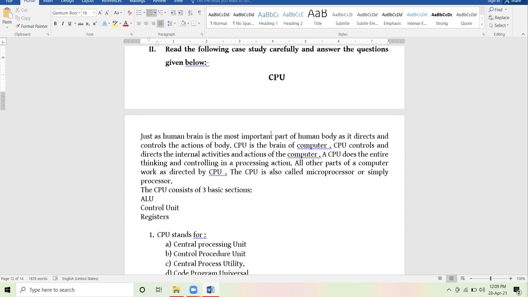All other parts of the computer work as directed by the CPU. The CPU is also called the microprocessor or simply the processor. The CPU consists of three basic sections: ALU, control unit, registers. So this was your second case study.